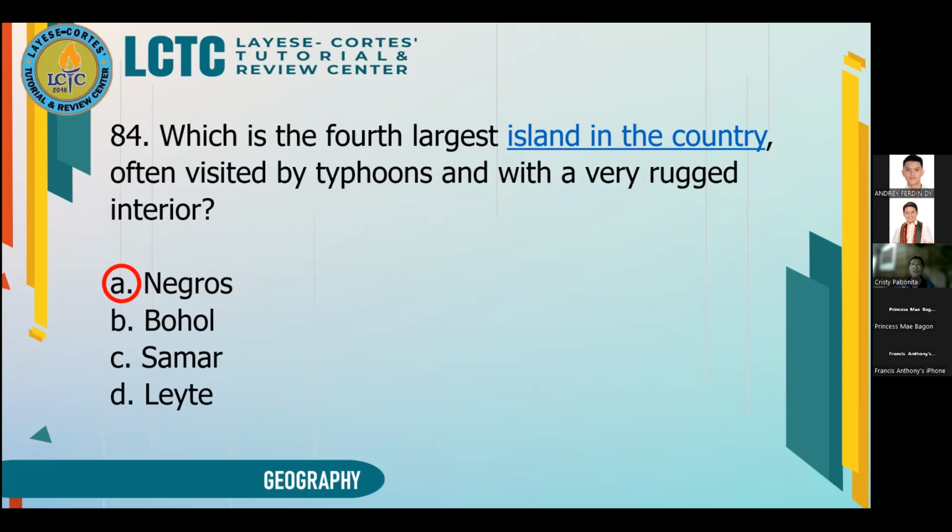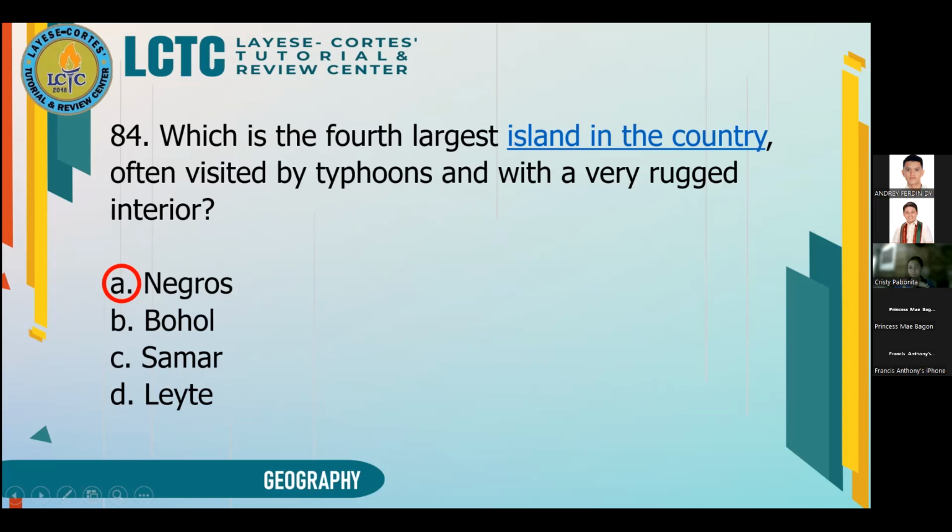But based on the facts presented on the land areas in the Philippines, the fourth largest island... Those who answered Leyte focused on the clue that it is often visited by typhoons and has a very rugged interior. But almost all provinces facing the Pacific Ocean have this characteristic.